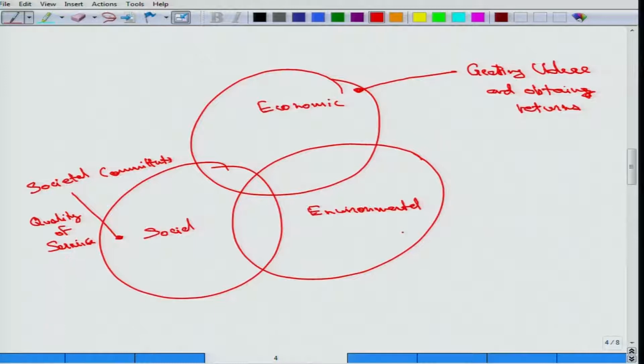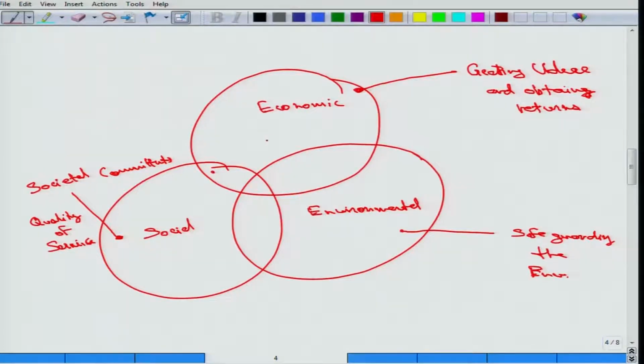And this environmental player is more focused towards the commitment in safeguarding the environment.